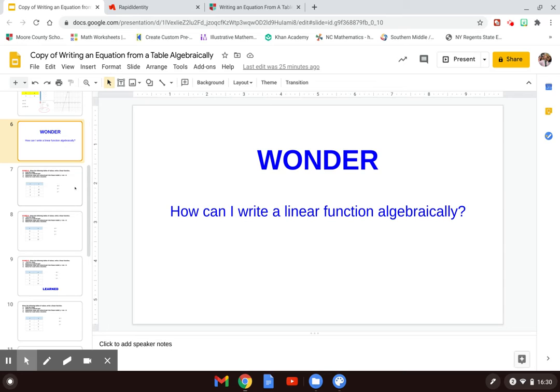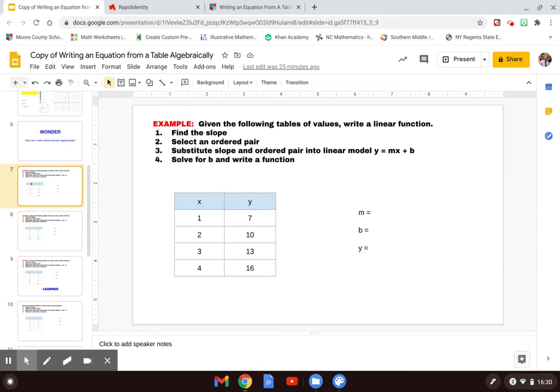All right, so let's look here at our first example, which says, given the following table of values, write a linear function. All right, so if you look at your table of values, we do not have the y-intercept clearly identified because it doesn't give us an x value of 0 that we can pair a y value with. So if you want to pause the video and write these 4 steps down, you can. The first thing we're going to do is find the slope.